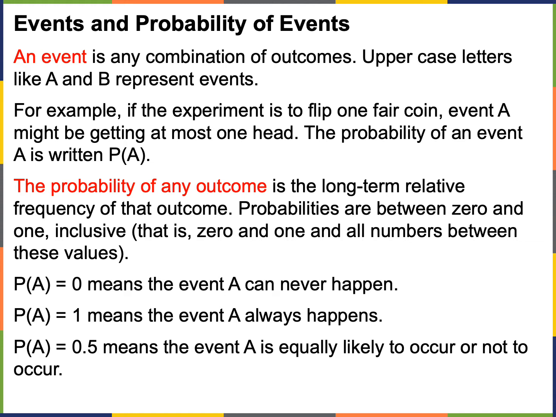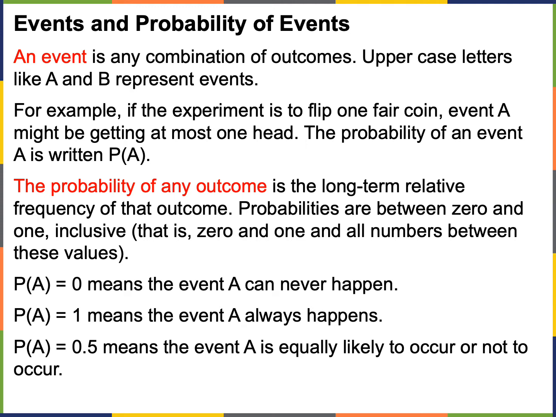If you flip a coin twice, you might not get 1 heads and 1 tails. You might get 2 heads or 2 tails, but if you flip a coin 10,000 or 20,000 times, about half of those times will be heads. That's the long-term relative frequency.